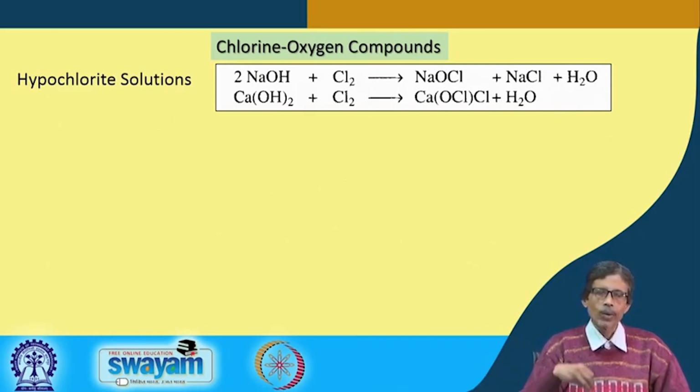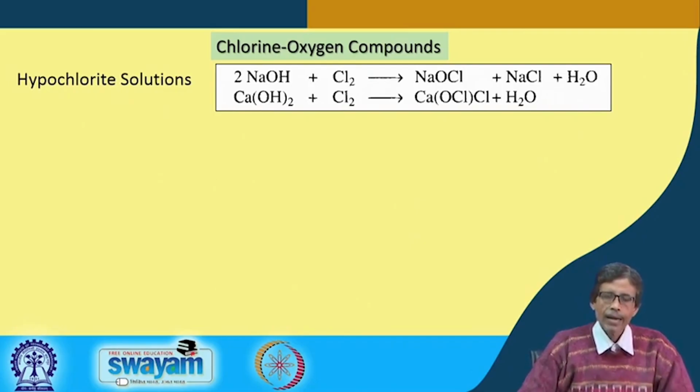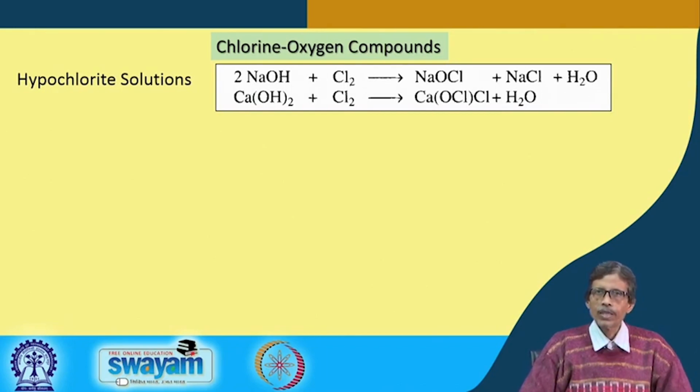The same reaction works with a bivalent cation, such as calcium. This reaction is nothing but a base-assisted disproportionation reaction forming chloride as well as hypochlorite ions. Through this disproportionation reaction in basic medium, we are producing two anions.